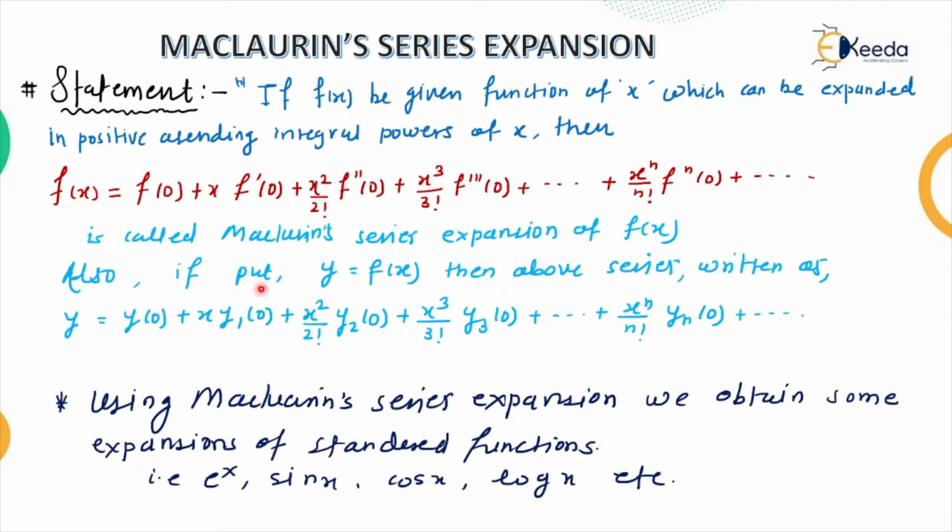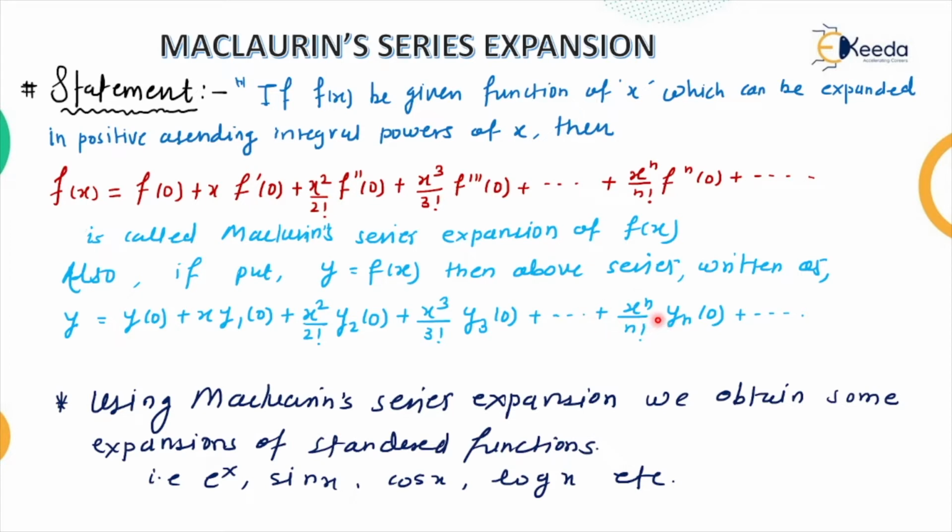Also, if we put y is equal to f of x in the above series, we get another form of the series. When we put y is equal to f of x, then f of x becomes y, so it is y of 0, that is f of 0, plus x into y1 of 0, the first derivative at 0, plus x square divided by 2 factorial into y2 of 0, the second derivative of f of x at the point 0, plus x cube upon 3 factorial into y3 of 0, the third derivative at the point 0, plus and so on.